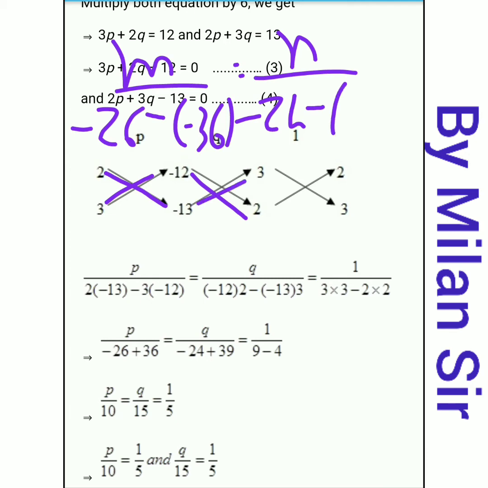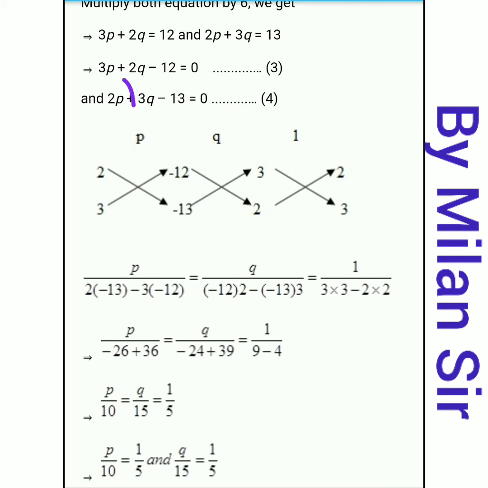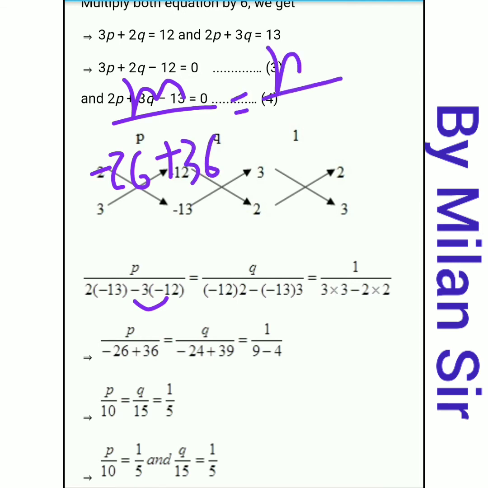And at last, 1 upon 3 into 3 is 9 minus 2 into 2 is 4. So m upon minus 26 plus 36, n upon minus 24 plus 39, and at last 9 minus 4 is 5.